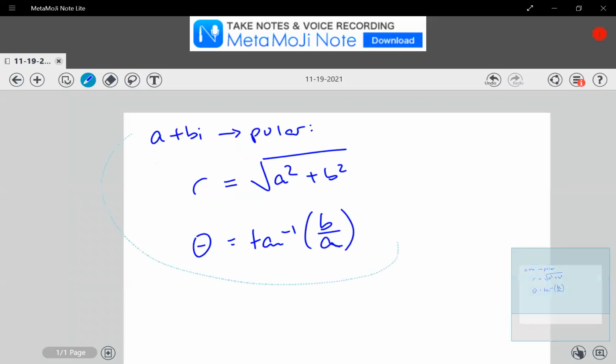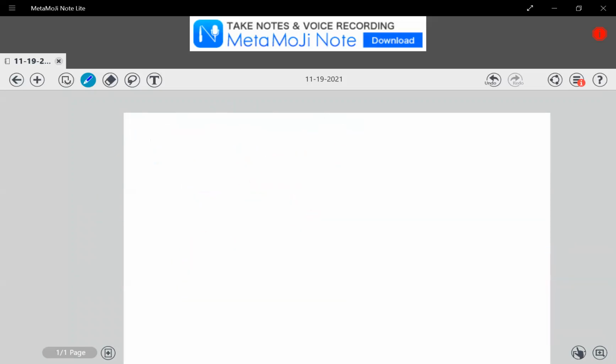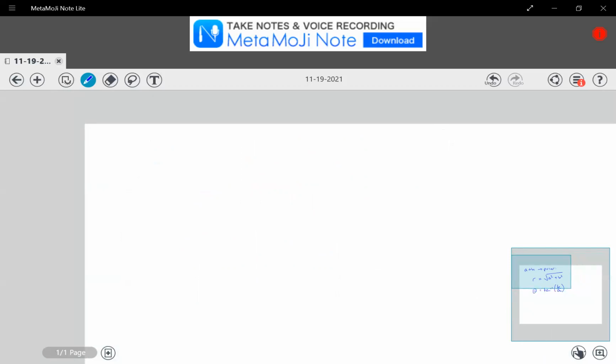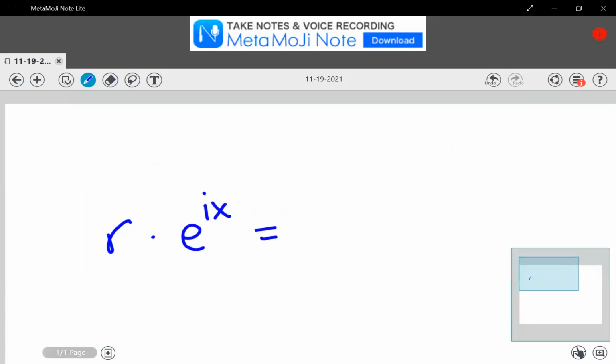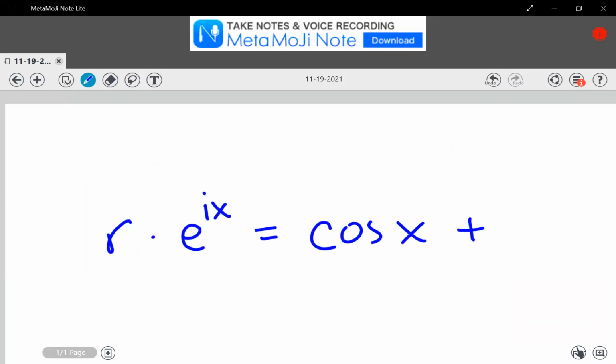So essentially, A plus Bi can be rewritten as Euler's formula, where we have r times e to the i x, which is equal to cosine of x plus i sine of x.